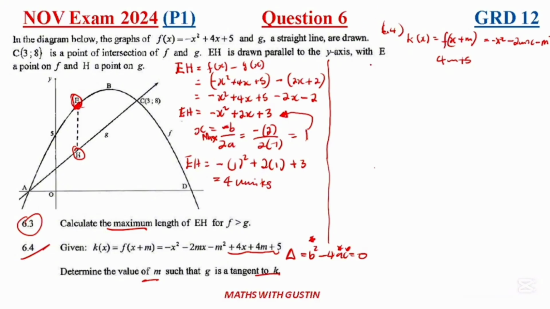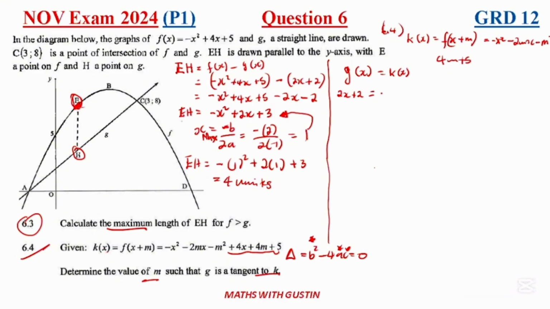What you can do is come here and say, therefore g of x, a tangent will occur where the two functions are touching. So g of x needs to be equal to k of x. So g of x is 2x plus 2. It should be equal to k of x, which is this one here.